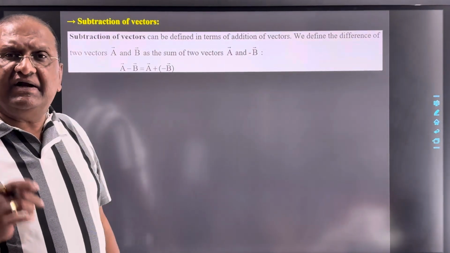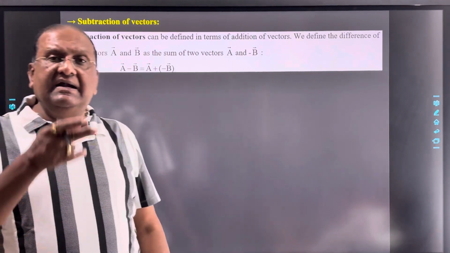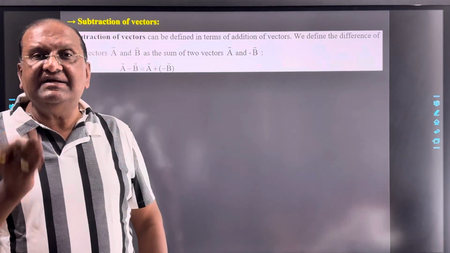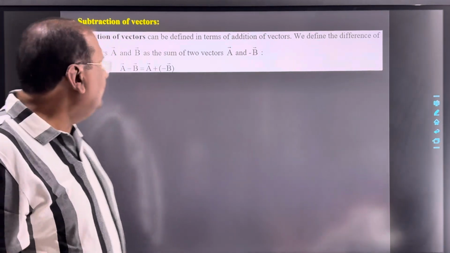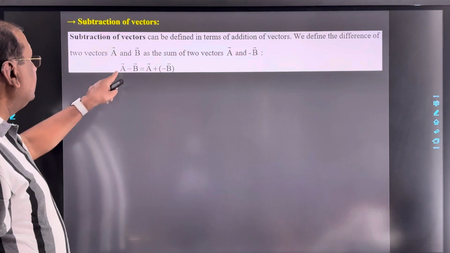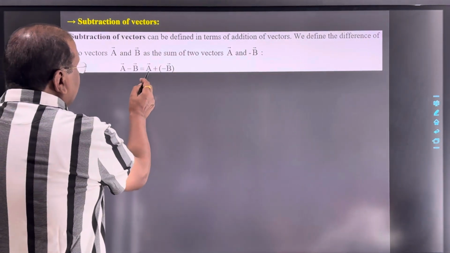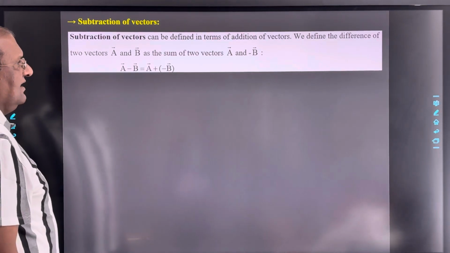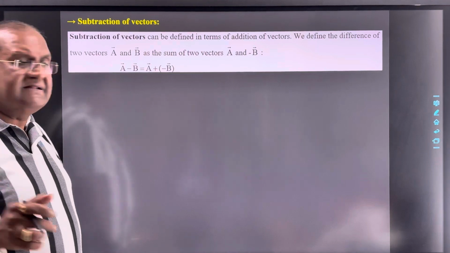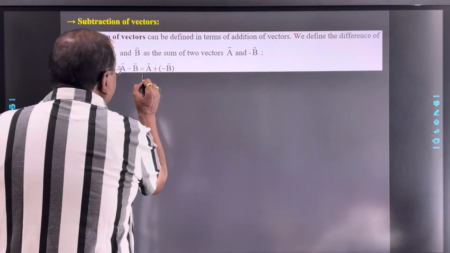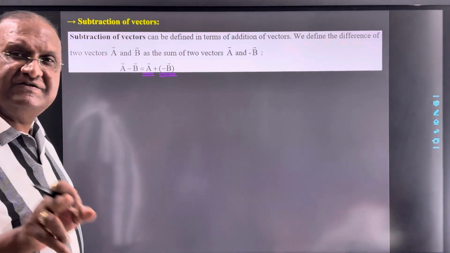Suppose we have vector A and vector B, and we want the subtraction of these two, means A minus B. So here we can say this thing, subtraction of two vectors A minus B, that is mathematically we can write vector A plus vector minus B. So A minus B is nothing but the summation of vector A and vector minus B.